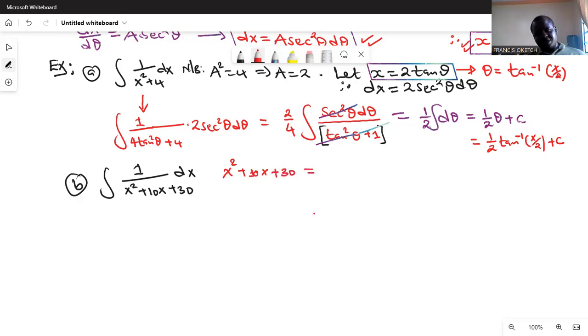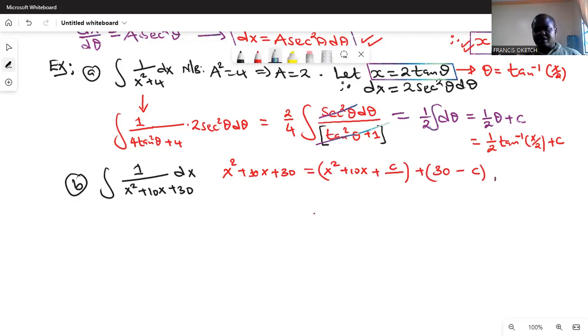This can be written as x squared plus 10x plus a certain value which I'm calling c. This will be grouped as one thing. Then there is plus 30. You see, I've added c, so I have to minus the c. You add c and you also subtract c. So how do you find that c?